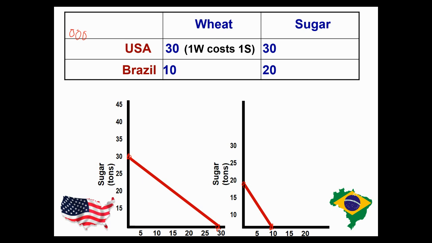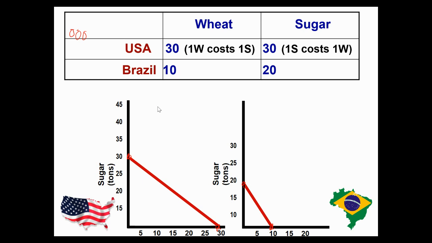For output, we use other over. So to make one wheat, 30 over 30 is 1. And over here we do the same thing: to make one sugar, it'd be other 30 over 30, which is 1. So that would be the opportunity cost: one sugar costs one wheat.